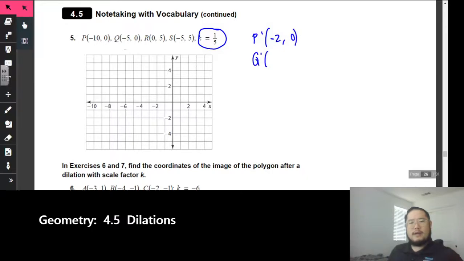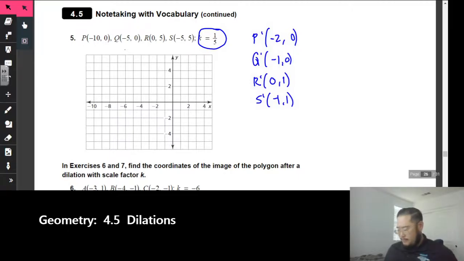We've got P prime. Negative 5 times 1/5, negative 1, comma 0. R prime is going to be 0, comma 1. And S prime is going to be negative 1, 1. All right, so we have ourselves our reduction.